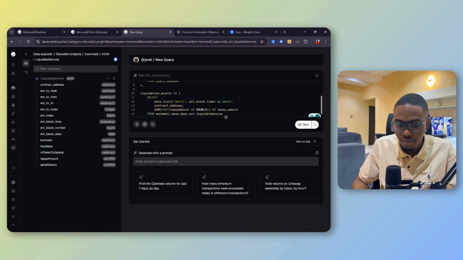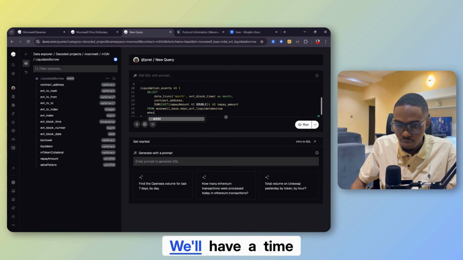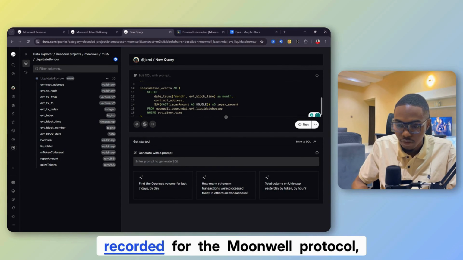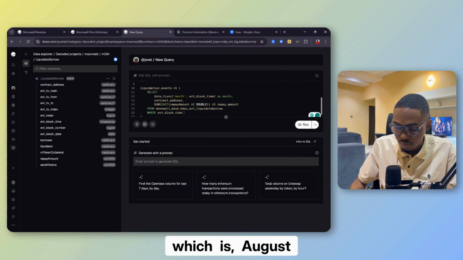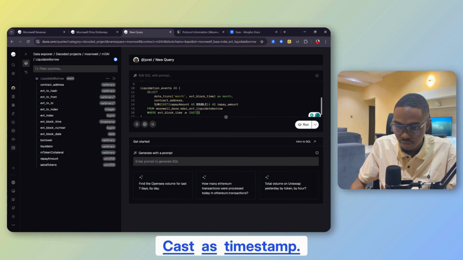And then we'll filter. We have a time filter here to filter for when we have the earliest data recorded for the Moonwell protocol, which is August 2023, cast as timestamp.